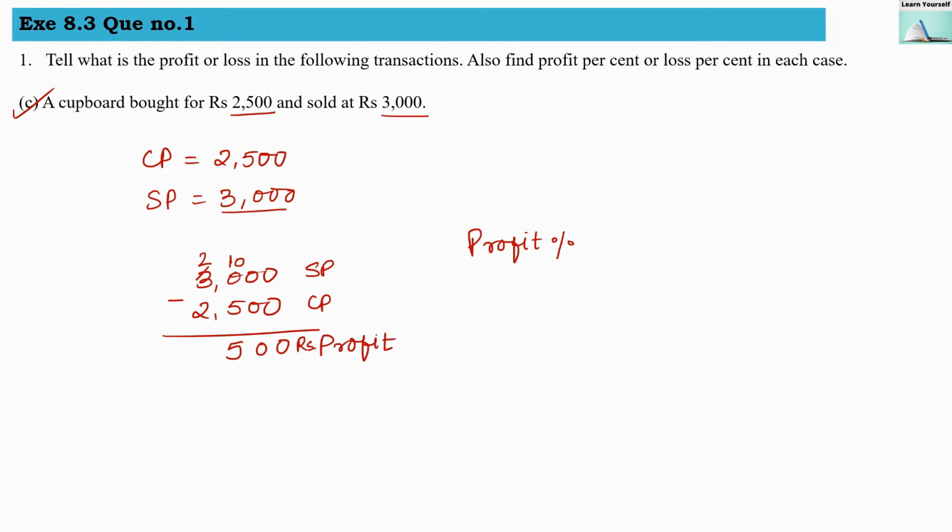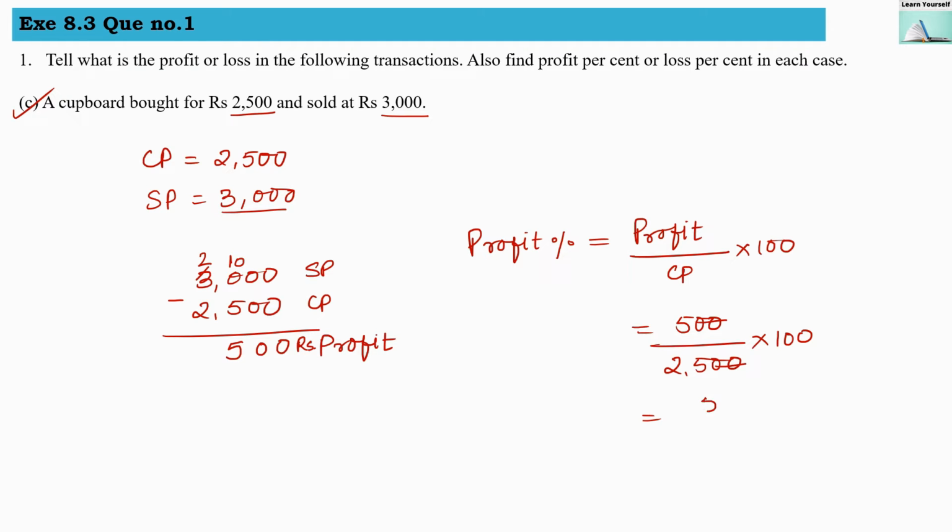So profit percentage will be equal to profit divided by cost price in multiplication with 100. So our profit is 500 divided by cost price, so it is 2500 in multiplication with 100. So we can cancel out these two zeros.